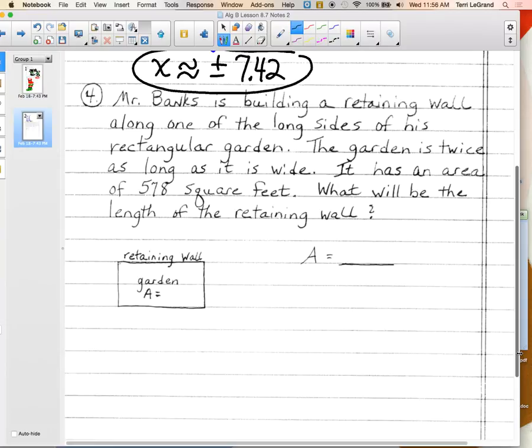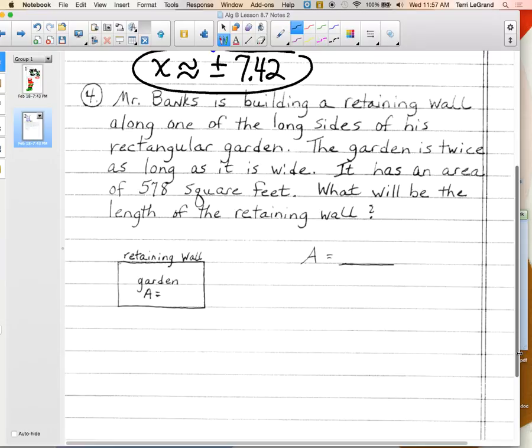Okay, so Mr. Banks is building a retaining wall along one of the long sides of his rectangular garden. The garden is twice as long as it is wide. It has an area of 578 square feet. What will be the length of the retaining wall? So it appears we're solving for the length. Did they tell us what the width is? No. Okay, what did they tell us?